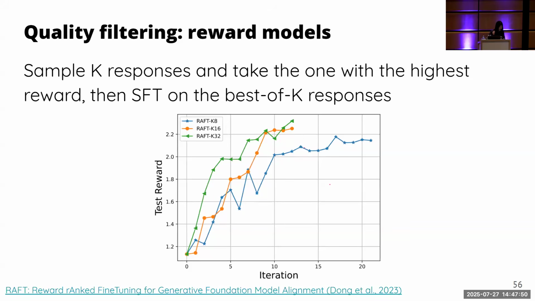And what this plot here is showing in terms of the results is that as you do more iterations of generation and fine-tuning, the average reward of examples produced by that model continues to increase. And these days, this is a really popular baseline to compare to. It's considered like a way of doing reinforcement learning without actually doing reinforcement learning. And so if you are doing RL, you should compare it to something like this as a baseline.